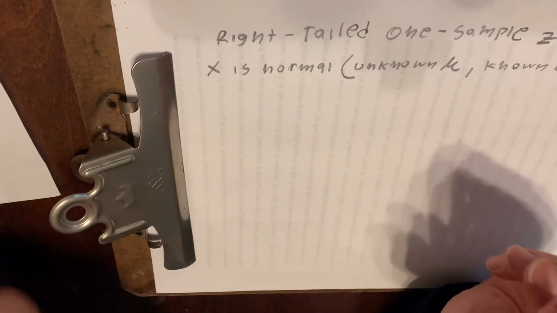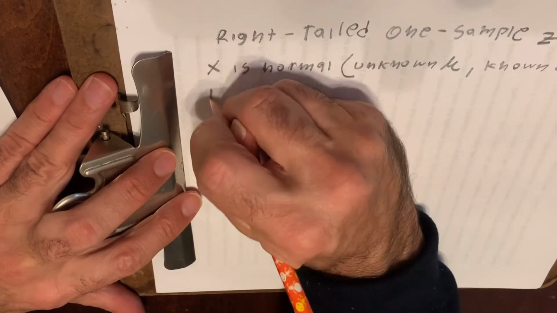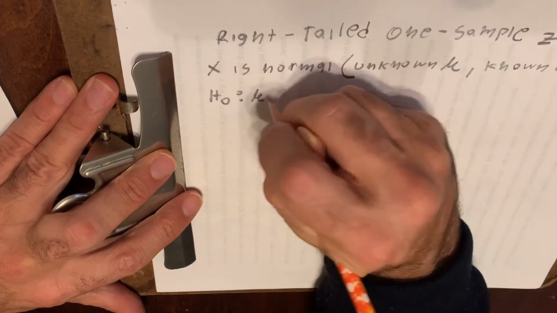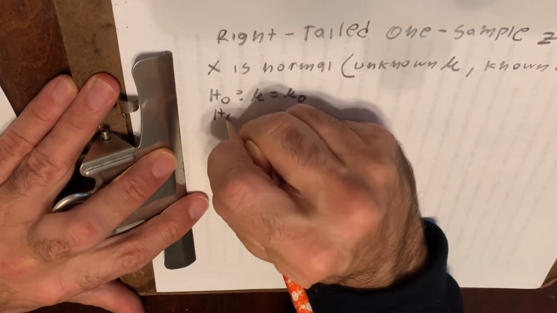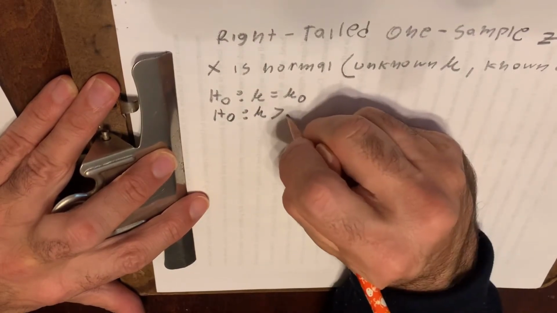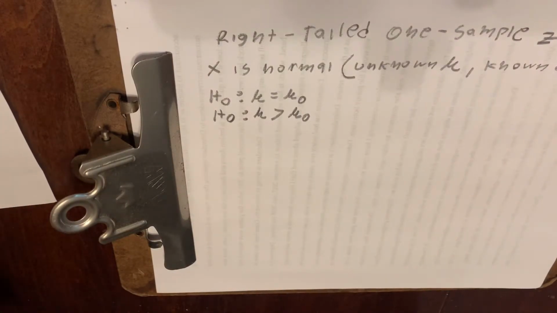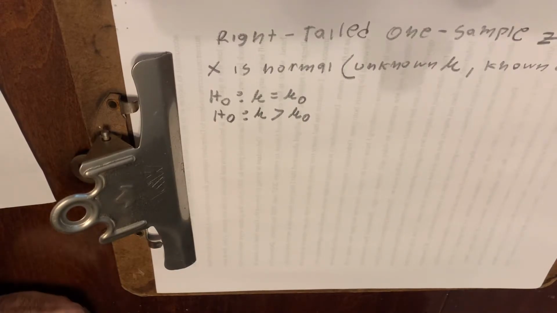And let's formulate this in the standard way. So the null hypothesis is that mu is equal to mu naught, and the alternative hypothesis is that mu is actually greater than that hypothesized mean. And we'll just do this at a significance level, which we'll call alpha, just like we did before.